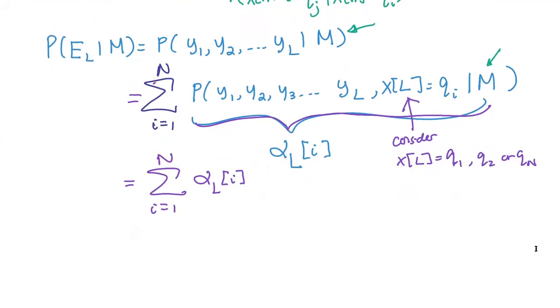But the reason this is much better than directly computing the likelihood function, which means that you have to sum over all the possible states from time 1 to time L, is that here you only have to sum over the state at time L. You don't have to sum over the state at time 1, time 2, and so on. The reason is that the forward variable has a recursive form.